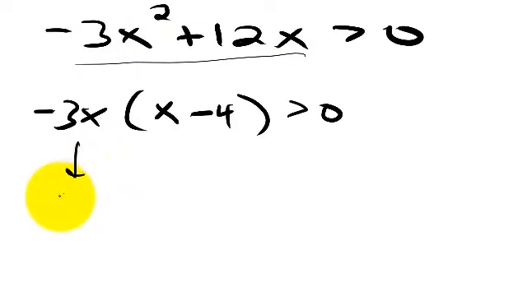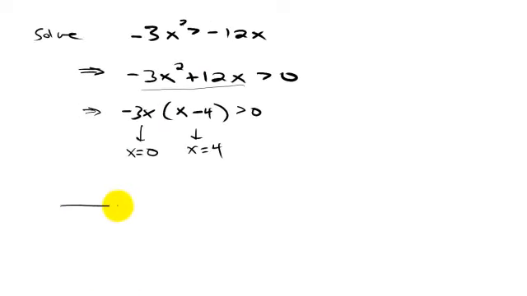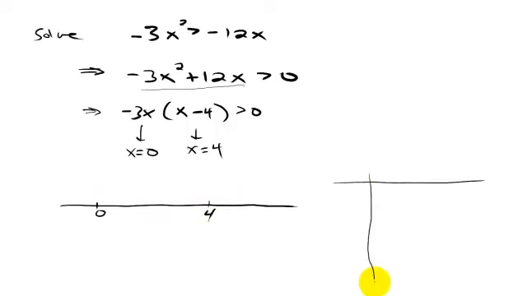So what are my roots? 0 and 4. So on the number line, 0, 4, and then pick numbers in each region. So we can do the table again. So let's pick, say, 5. That's negative 3 times 5, and then 5 minus 4.